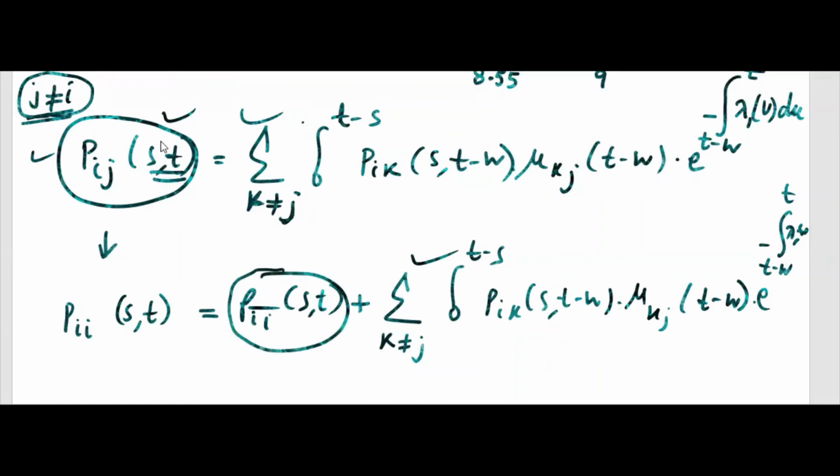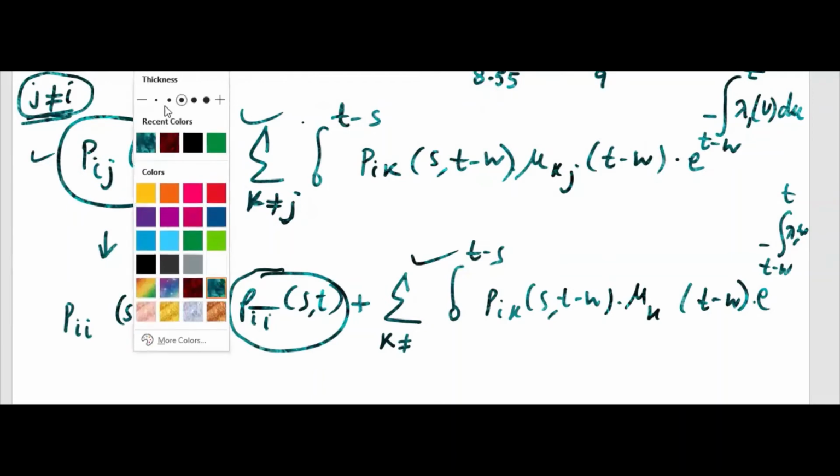And also you have to change one more thing, wherever j comes, there you need to write i, because there is no state j here. So wherever you have j, you have to change that.